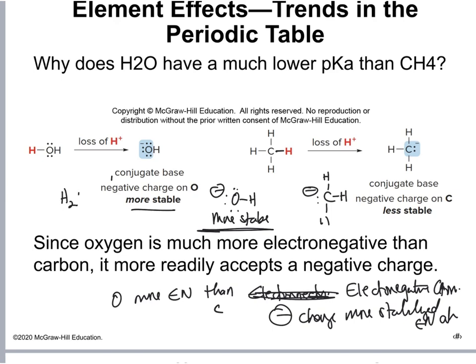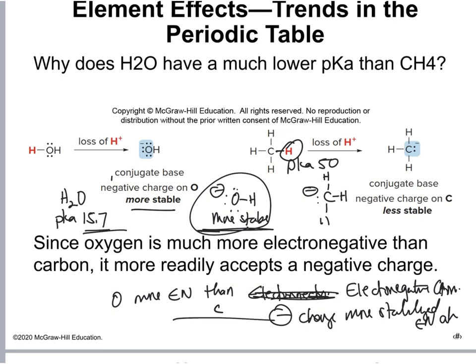So water has a pKa value of 15.7, and methane has a pKa value of 50. It costs 50 to remove that, and it only costs 15.7. So it's because the oxygen is more electronegative than the carbon, so it can stabilize the negative charge from the conjugate base more easily. And this is called an element effect. The element is more electronegative.